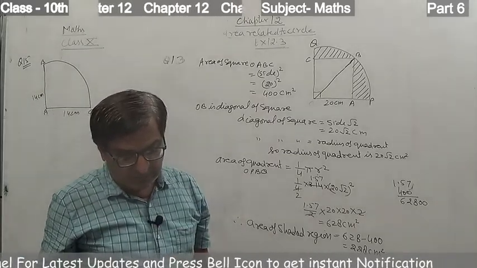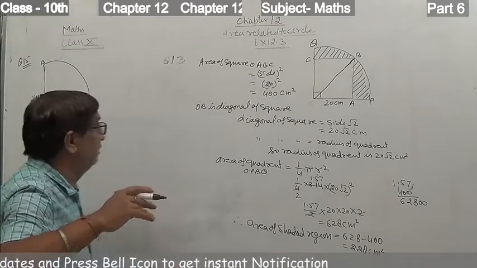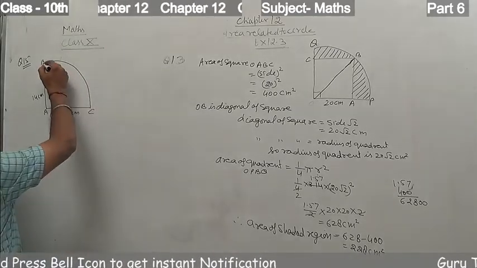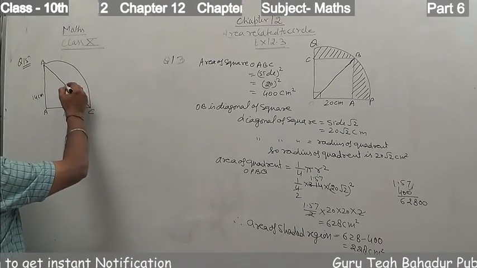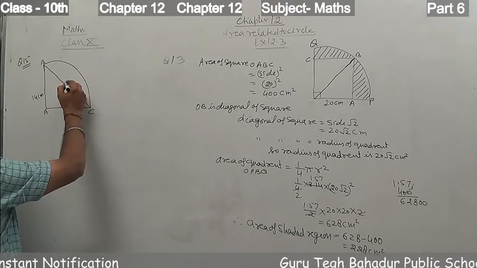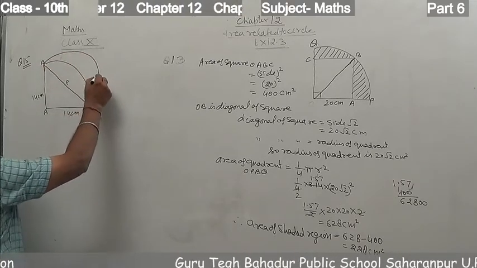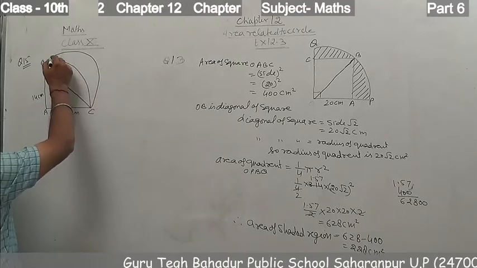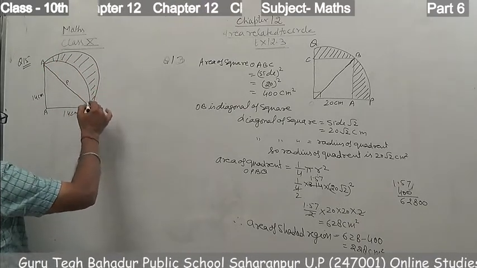And circumcircle is drawn with BC as diameter. So this is BC, taking center P and draw it, it is a semicircle. Now you have to find out area of this shaded part.